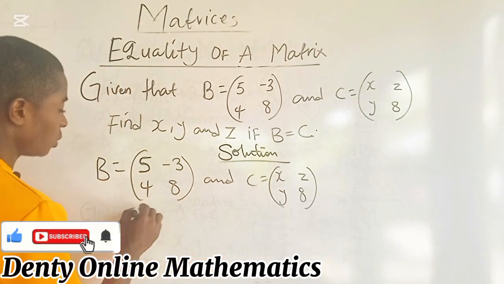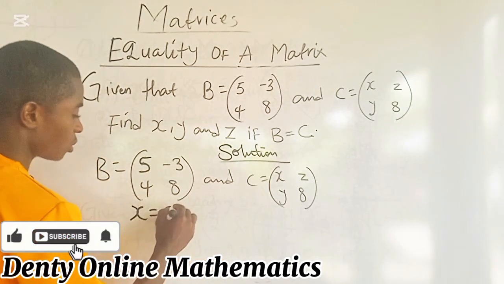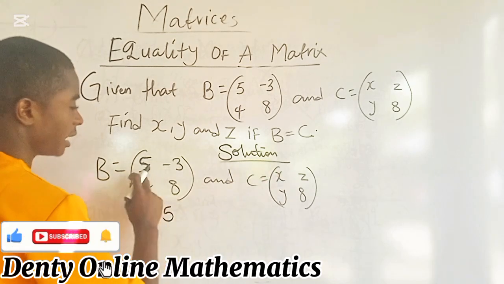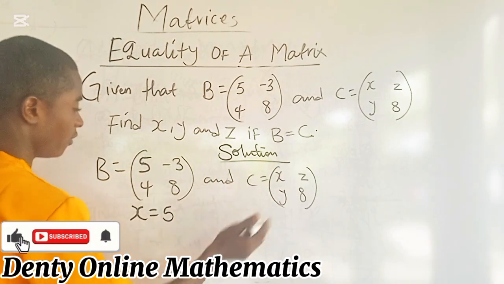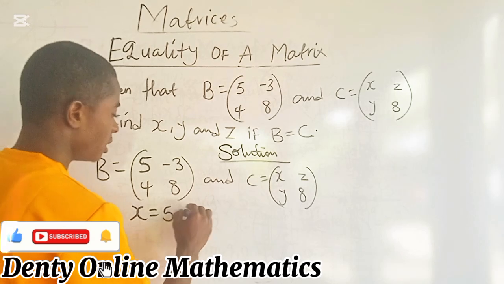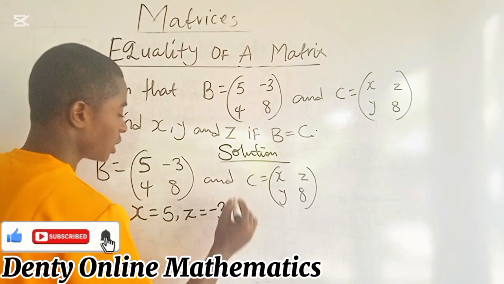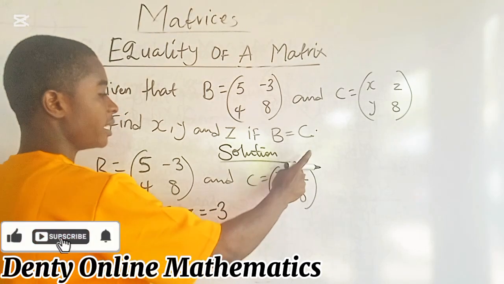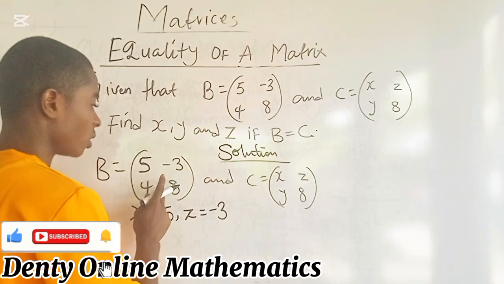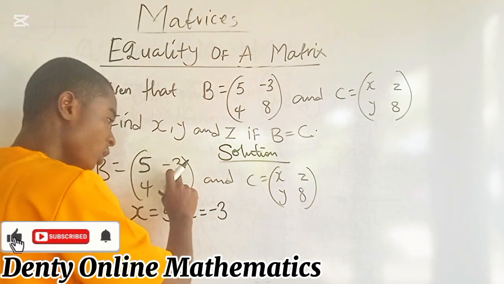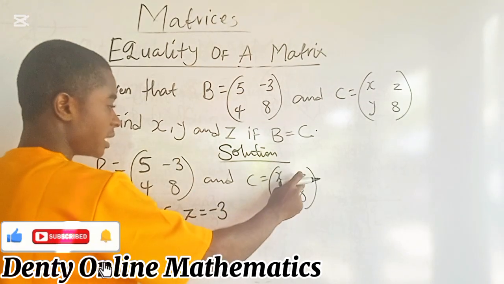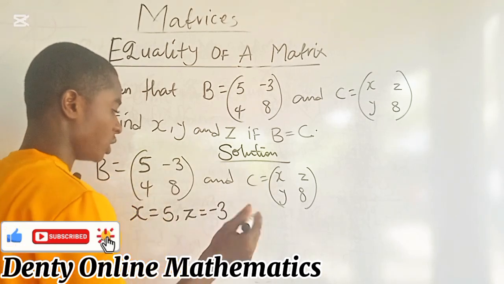So by doing that, we will know that X is equal to 5 because they are the first element by the first row. Now, Z will be equal to minus 3, because by the second column, the first row, you see that Z is there and minus 3 is there.